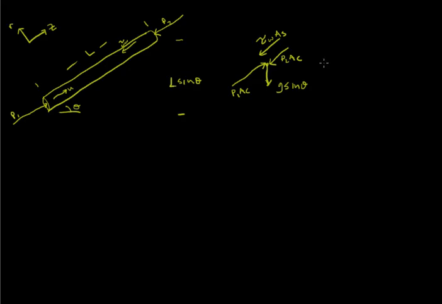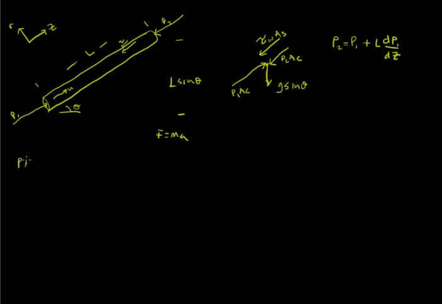Again, we want to just do a Taylor series expansion to define P2 in terms of P1. So we'll have P2 is equal to P1 plus L dP1/dz. Alright, and then again, we just want to do a force balance. F is equal to ma. So I'm going to drop the sub 1 from our pressure.